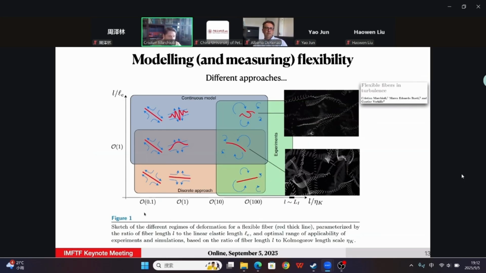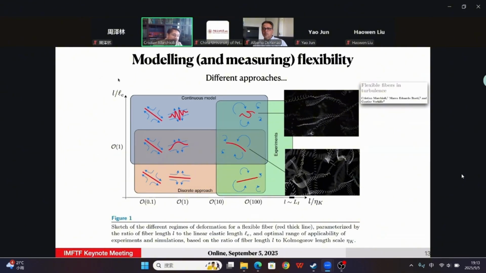So we go from very short fibers, even smaller than the Kolmogorov vortices, to very large fibers that actually span the integral length scales of turbulence. So these are very, very long fibers.